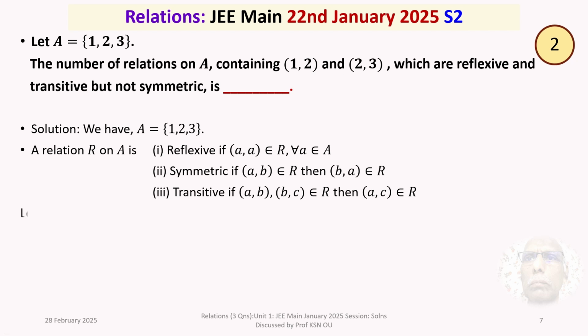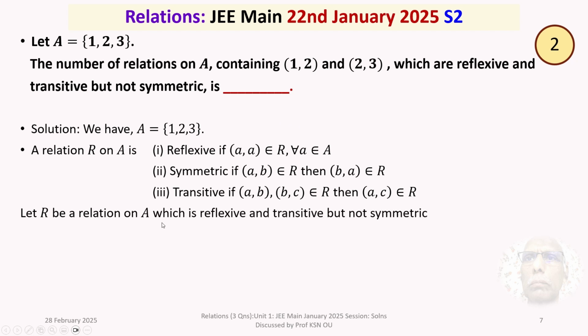Yes. Now, let R be a relation on A containing (1, 2) and (2, 3), which is reflexive and transitive but not symmetric.